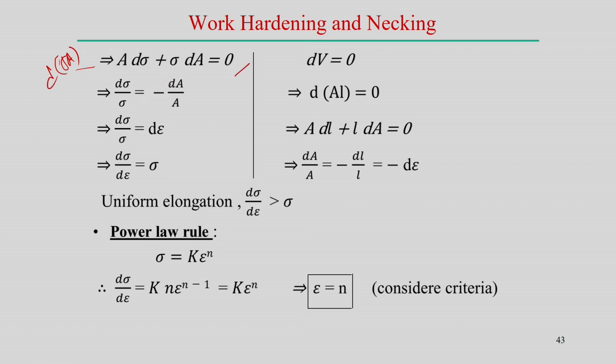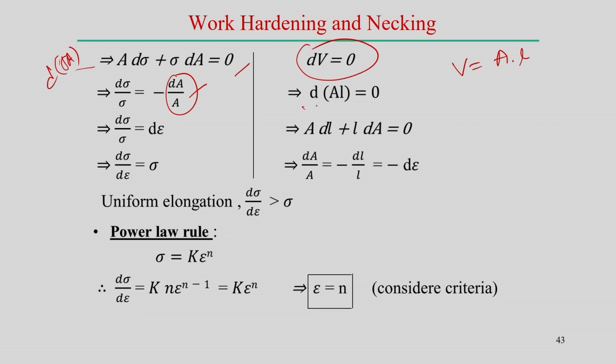From here d sigma by sigma equals minus dA by A. We can represent dA by A by noting that during plastic deformation we can assume there is no change in volume, so dV equals 0. Suppose V is the volume of a cylindrical component with cross-section area A and length L.